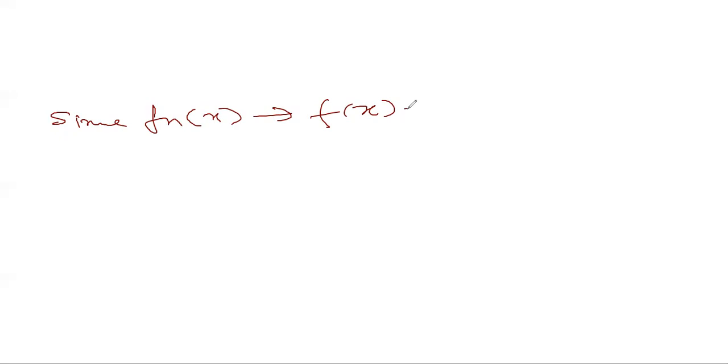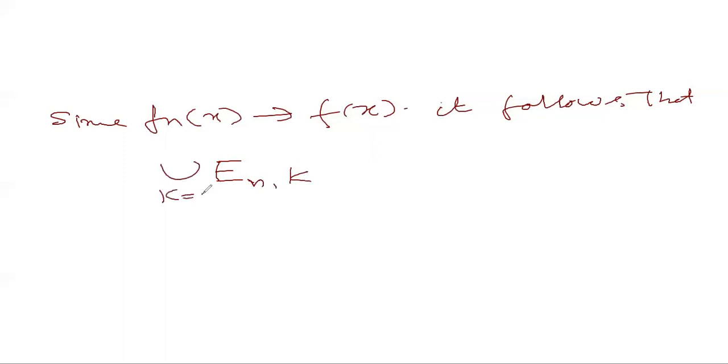So it follows that E_n^k converges to the union of E_n^k, k runs from 1 to infinity, which is equal to E. It's equal to E because f_n(x) converges to f(x) for each x.